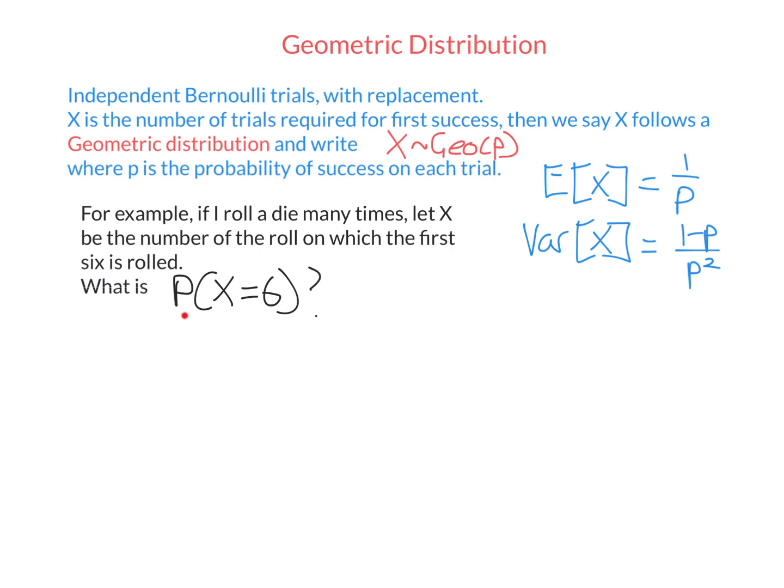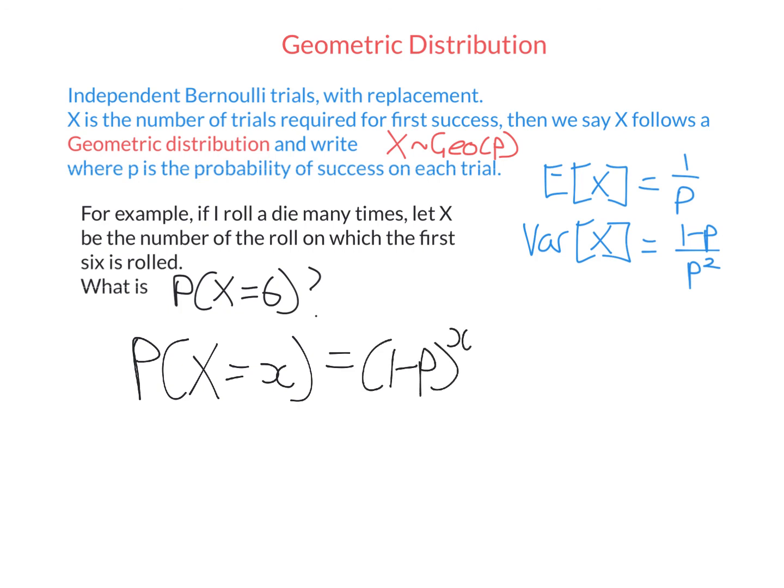So the probability that X equals 6 is the probability that I will first roll a 6 on the 6th roll of the die. So we can just use the formula. It's really simple. The probability that X is equal to x is the probability you don't have success on the first x minus 1 rolls times the probability that you have success on the next roll.